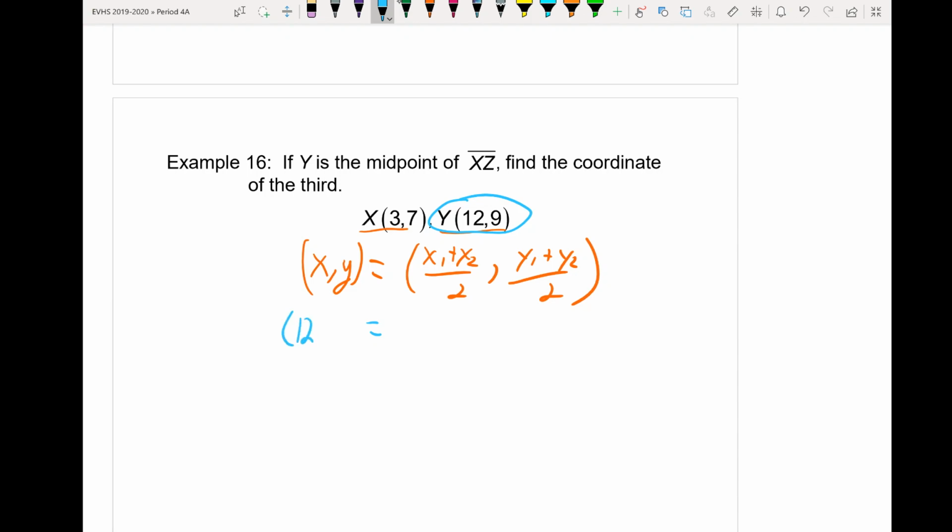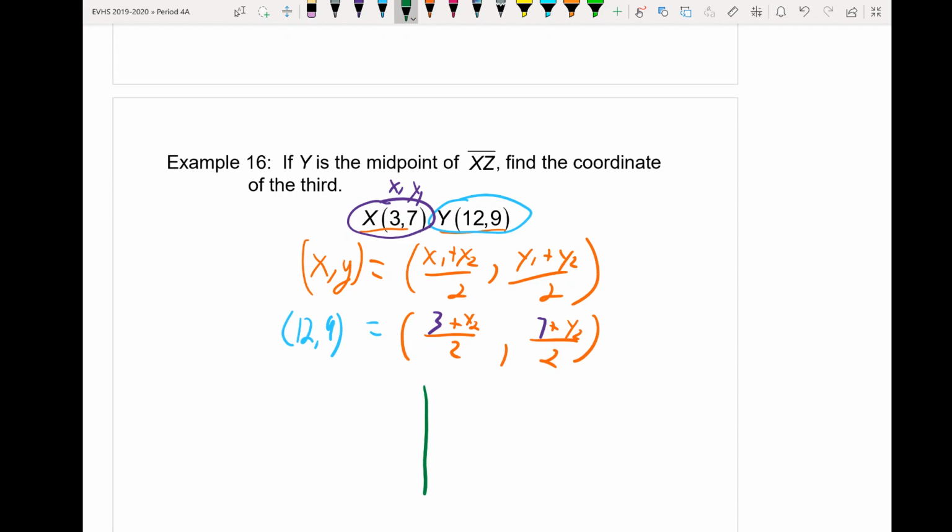So y is going to be over here as 12, 9. And then my x is going to go in for the x1, y1. So 3 and 7 go here. And then x2, y2 are in their original places. Okay? Only difference here is that our numbers for the midpoint went over by themselves instead of in the calculation.